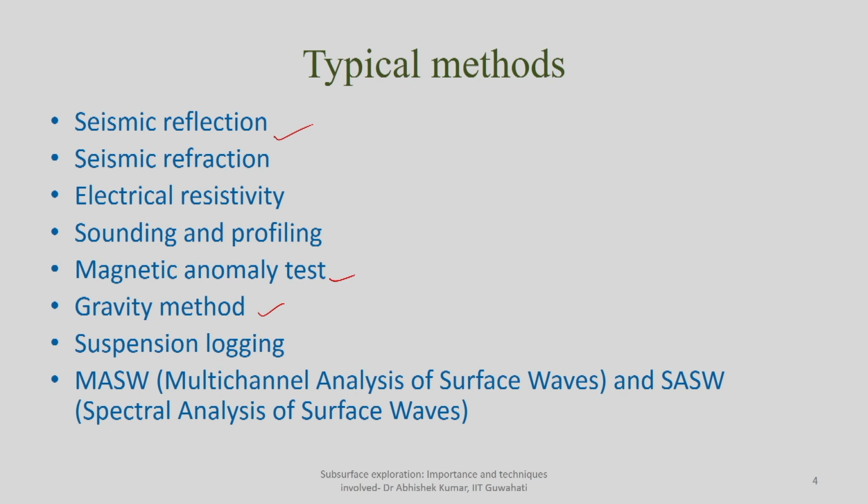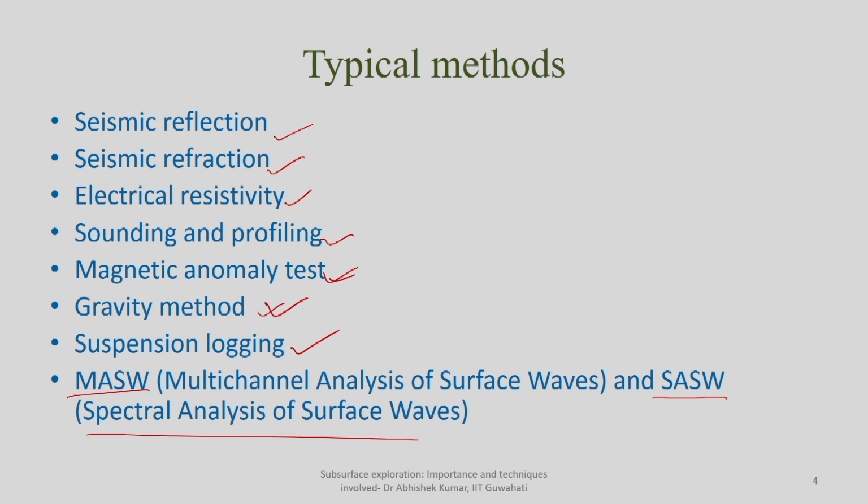But over a period of time, with more and more advancement in technology, more sophisticated and user friendly equipment is nowadays available. You can see here I have given the list of different geophysical methods which people are using more prominently nowadays, starting with the seismic reflection survey, then seismic refraction survey, electrical resistivity survey, sounding and profiling survey, magnetic anomaly method, gravity method, suspension logging method, and then we will also give some brief idea about multi-channel analysis of surface waves, that is MASW, and spectral analysis of surface waves, that is SASW.